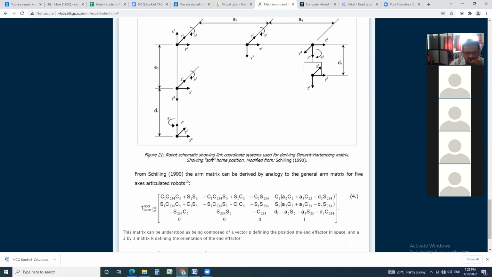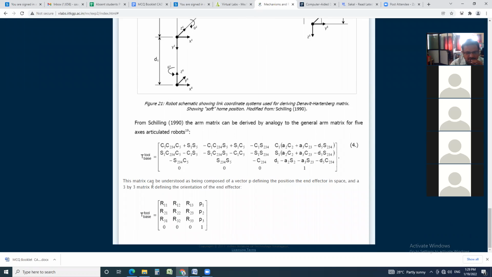Now this T base tool is equal to this matrix, I will read: C1 C234 C5 plus S1 S5, minus C1 C234 S5 plus S1 C5, minus C1 S234, C1 times bracket A2 C2 plus A3 C23 minus D5 S234; S1 C234 C5 minus C1 S5, minus S1 C234 S5 minus C1 C5, minus S1 S234, S1 times bracket A2 C2 plus A3 C23 minus D5 S234; minus S234 C5, S234 S5, minus C234, D1 minus A2 S2 minus A3 S23 minus D5 C234; 0 0 0 1.